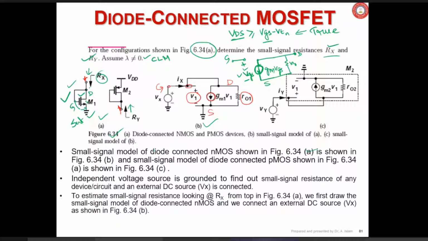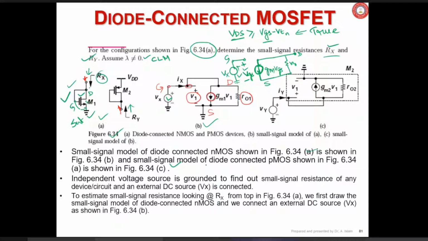So we are considering Rx first. The method for finding the resistance of this kind of circuit is to connect an external voltage source Vx here and analyze this circuit.